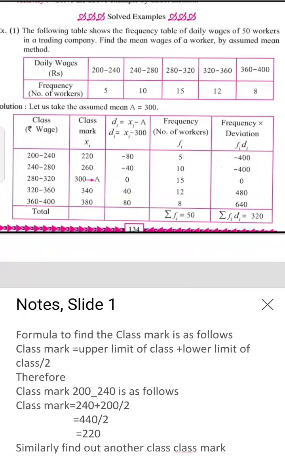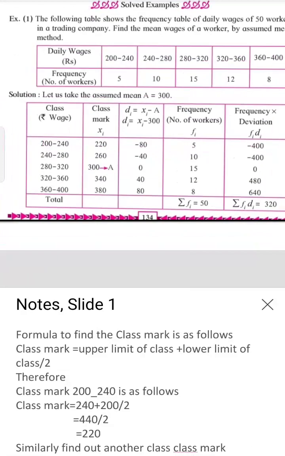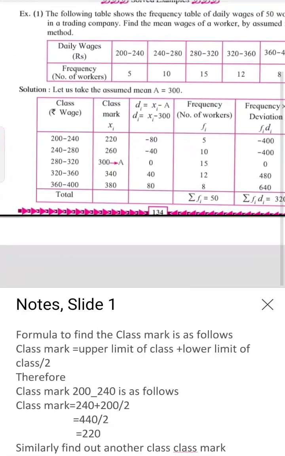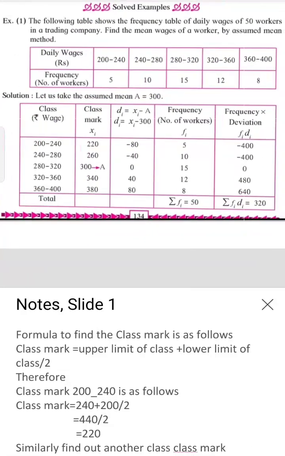Frequency means, in the given example, the number of workers, and the fifth column is frequency multiplied by deviation. So write down the daily wages in rupees. In the class column again write 200 to 240, 240 to 280, 280 to 320, 320 to 360, 360 to 400.